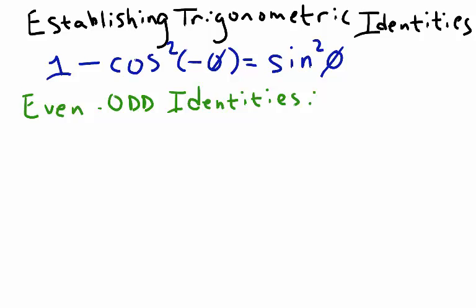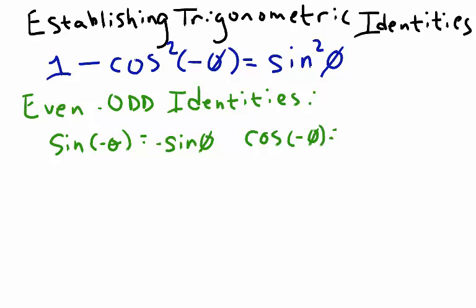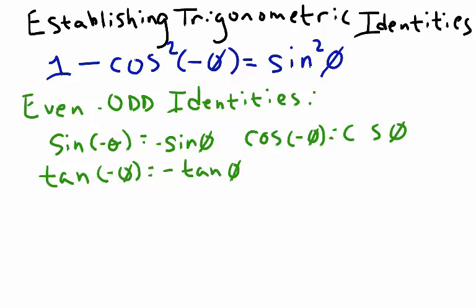For our even-odd identities, we have sine of negative theta equals negative sine theta, cosine of negative theta equals cosine theta, tangent of negative theta equals negative tangent of theta, cosecant of negative theta equals negative cosecant theta.